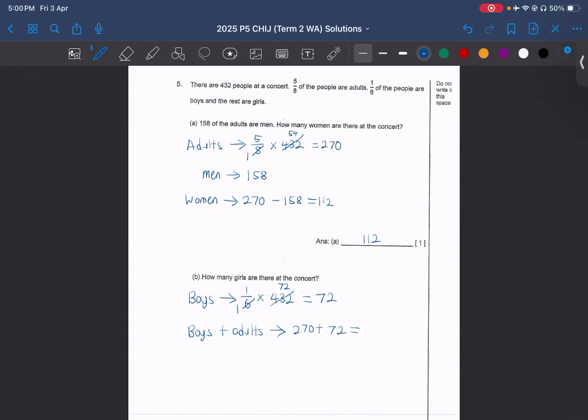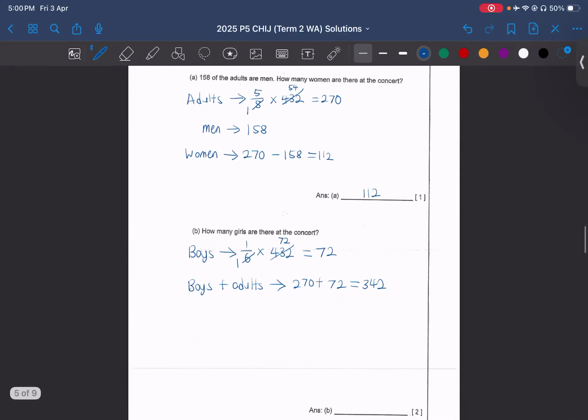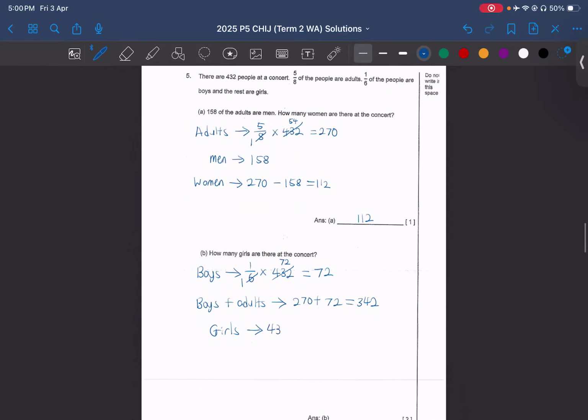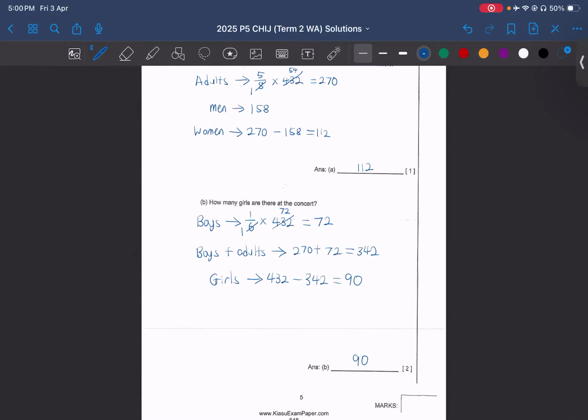This will give me 342 boys and adults. So 342 are boys and adults, and the rest are girls. So to find the number of girls, we take our total, which is 432, subtract away the number of boys plus adults, which is 342. So this will be 90 girls. 90 girls for part B.